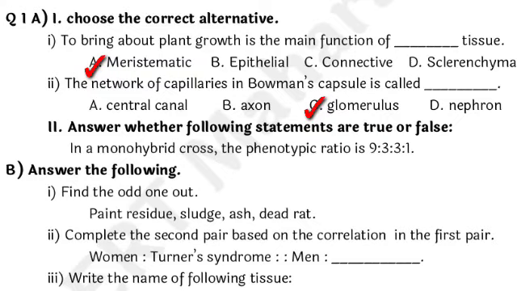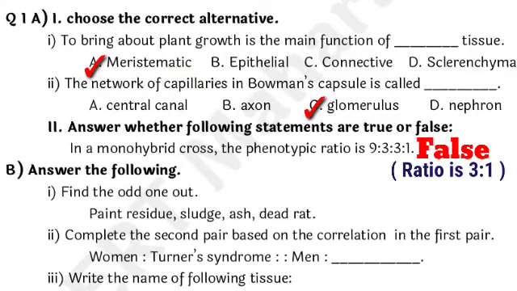Now the second question in question 1: answer whether the following statements are true or false. The statement given is, in a monohybrid cross, the phenotypic ratio is 9:3:3:1.